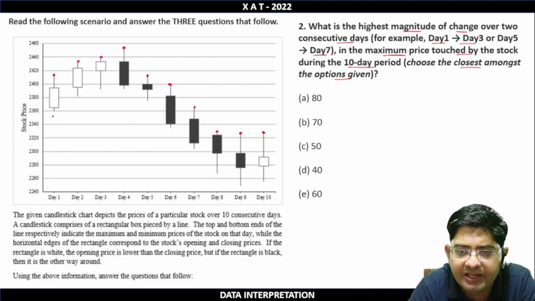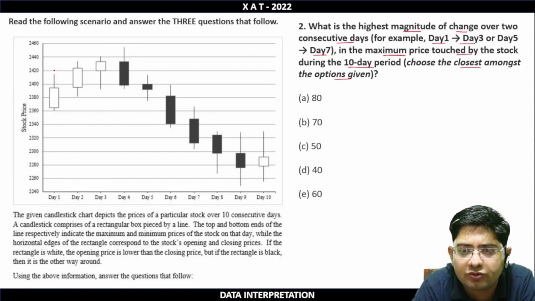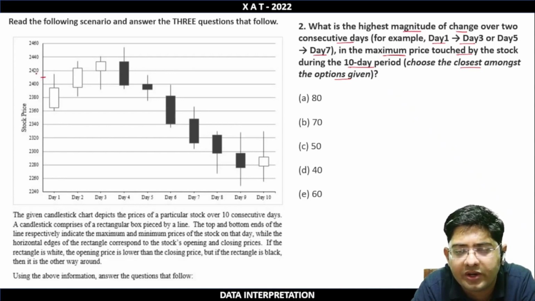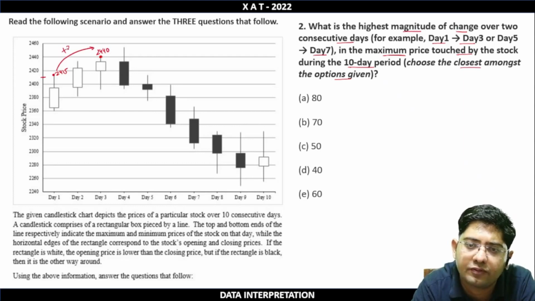So if I look at day 1, the top of day 1, if I am looking here, that is 2400 to 2420, so 2410, 2415. Okay, and day 3 is 2440, so that is a change of 25.